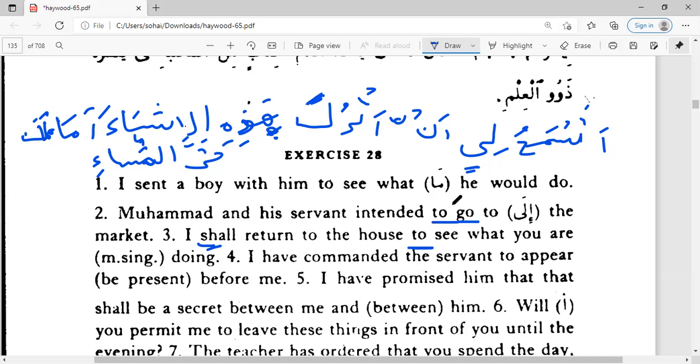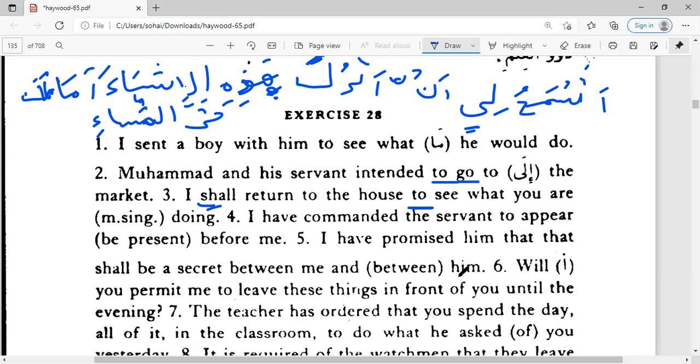So we say an yazhaba. If you say Muhammad is a servant and then did gone, gone or went is the past tense in English. So even in English, they are using the sentence in what we call a past or future tense. So that's probably pretty accurate for now.